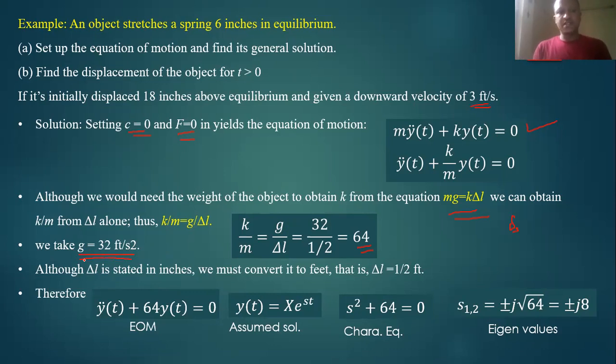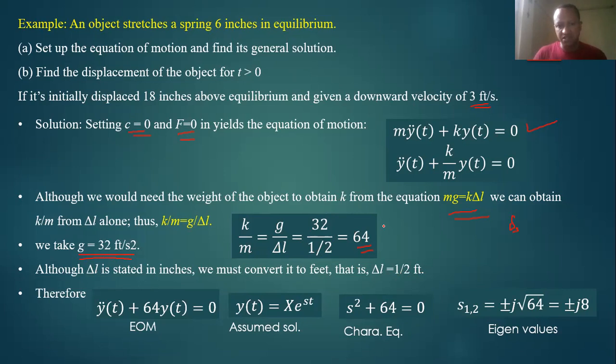Also delta L, which is given as 6 inches, is 1 over 2 feet, just keeping consistency of units. So finally we get 64.